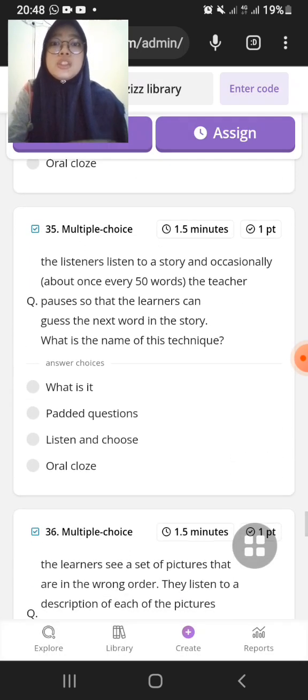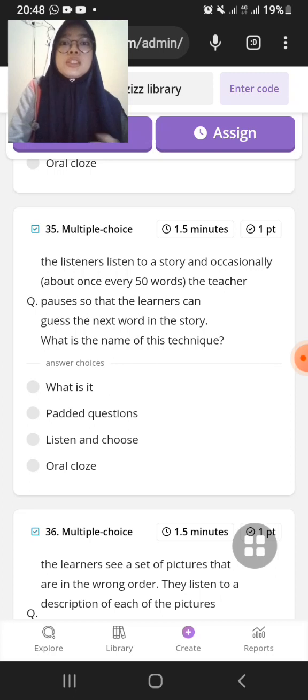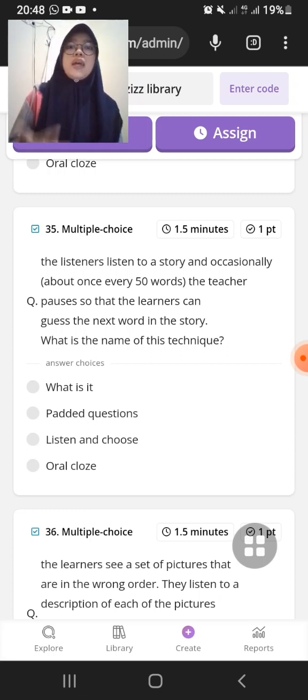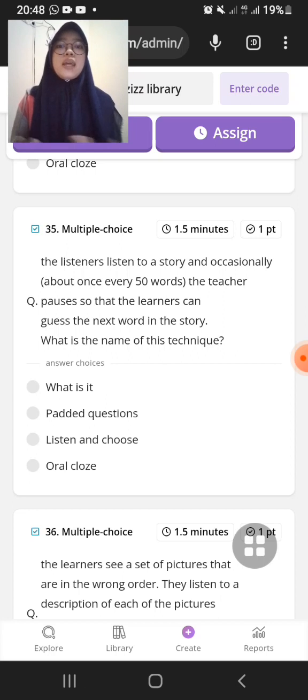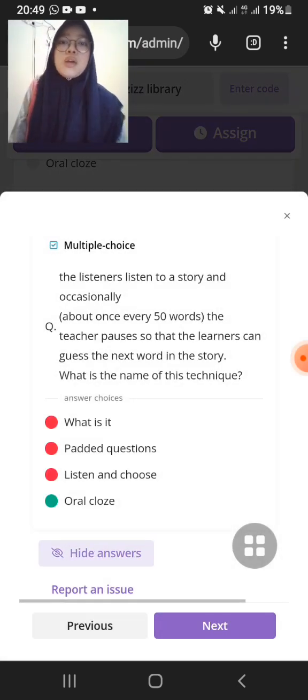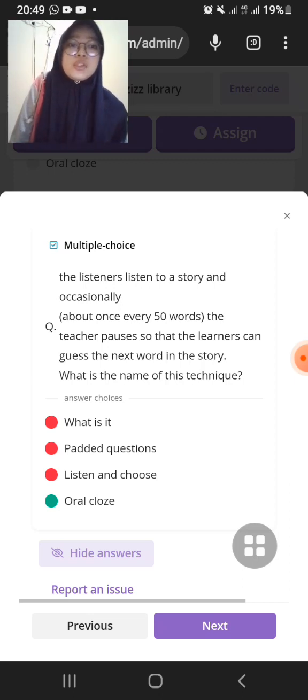Question number 35. The listener listens to a story and occasionally, about once every 50 words, the teacher pauses so that the learners can guess the next word in the story. What is the name of this technique? The answer is oral cloze. The words should be easy to guess, and the guessing should not interrupt the story too much.